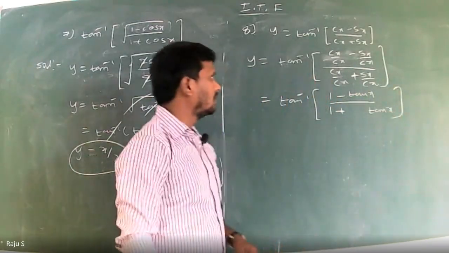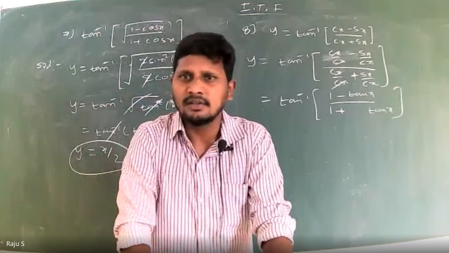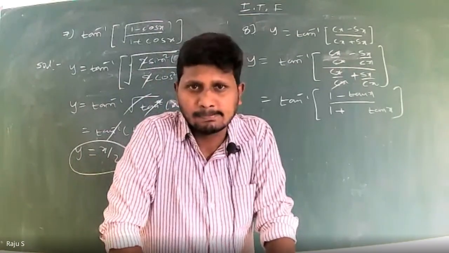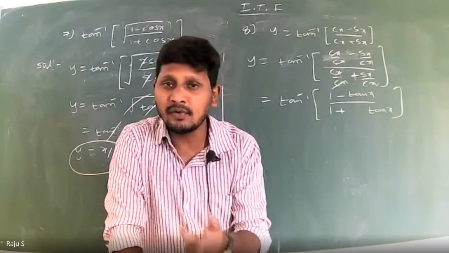1 minus tan x by 1 plus tan x, at least this formula: tan of pi by 4 minus theta.